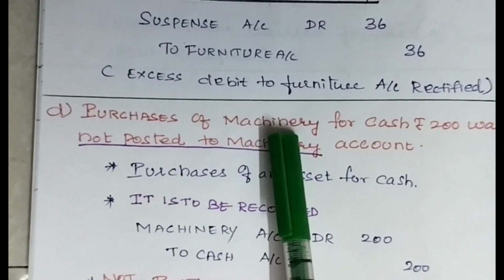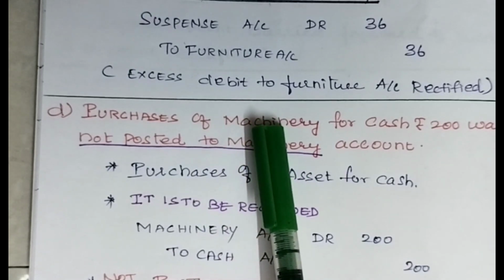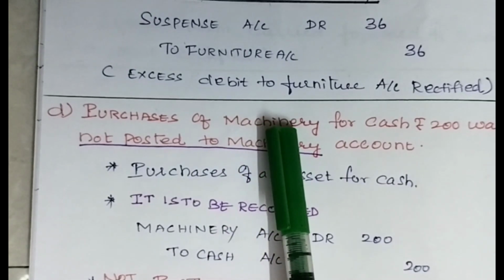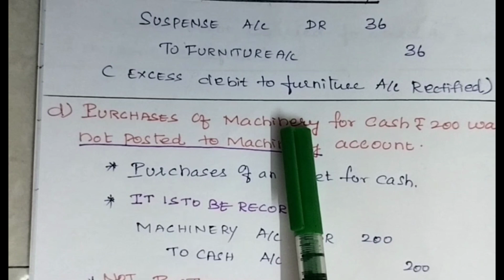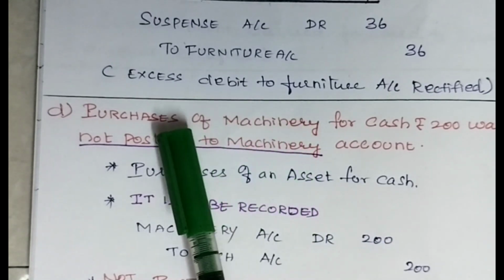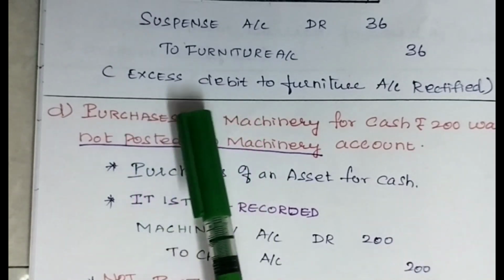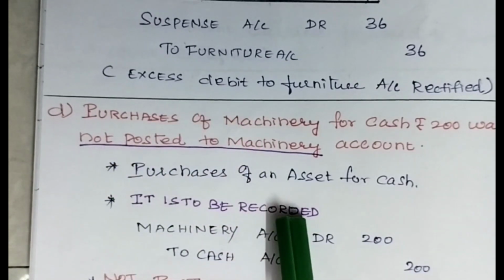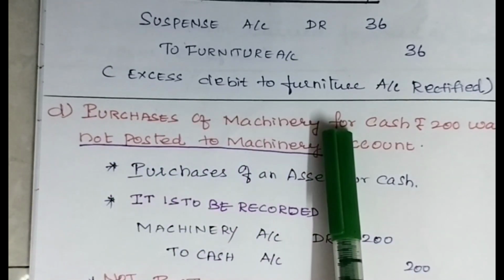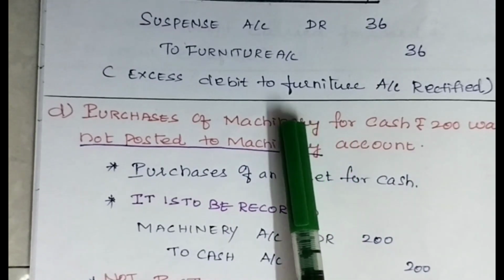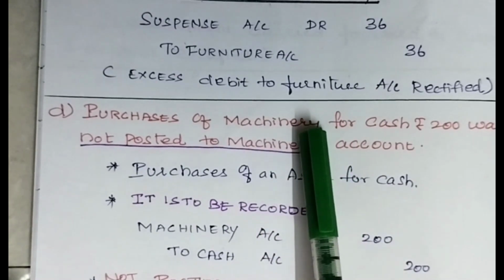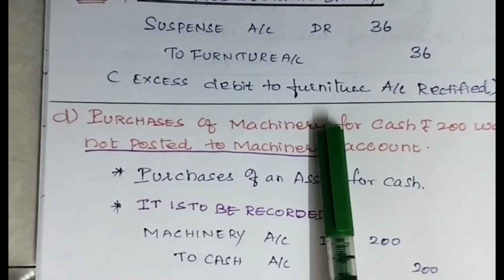Machinery is an asset. Whenever you purchase an asset, you have to enter the name of the asset. You can't enter the purchases account. When you purchase goods only, you enter the purchases account debit. When you purchase machinery, you have to enter the name of the asset on the debit side.